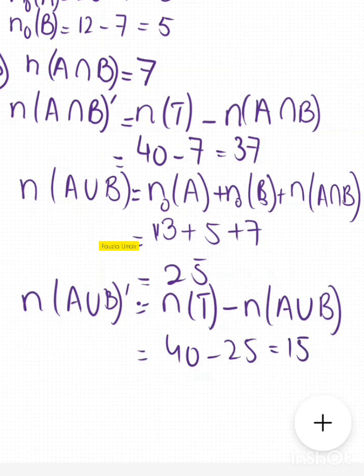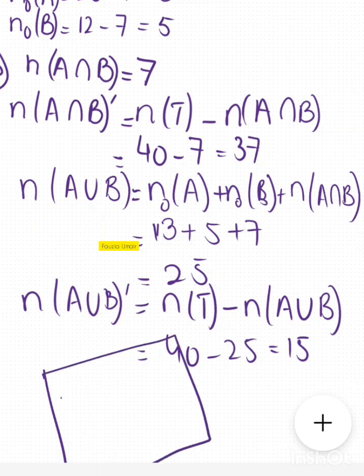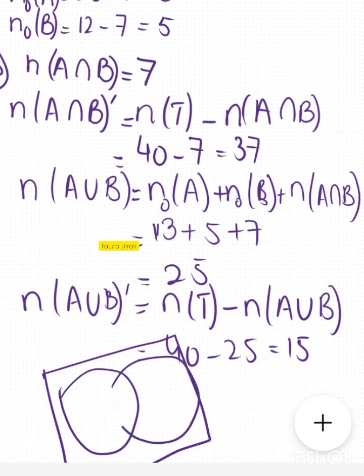So if I change this Venn diagram a bit, I can do it like this, because now I know that there is a universal set also which is outside, and the rest of the books should be there. So the 15 should be here, and this is having 13 books, 7 books and 5 books.